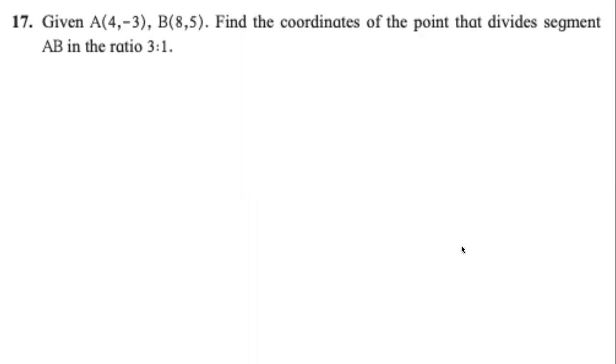This is a direct question of the section formula. So our M, N, X1, Y1, X2, Y2 all are given. Quickly find the coordinates. I'm indicating X1, Y1, X2, Y2, M and N. Find the coordinates using the formula. I will write the formula also for you.